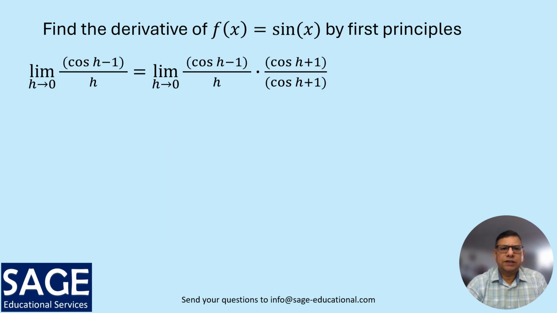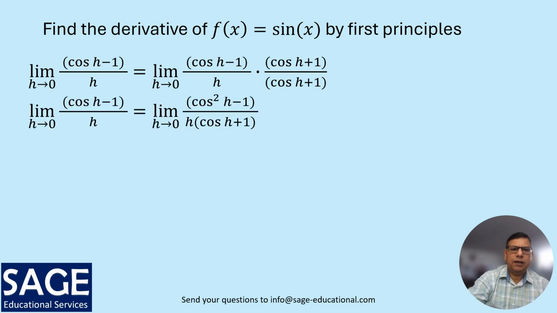So we go to the slide here, and we are trying to figure out the limit as h tends to 0 of cosine of h minus 1 over h. We can multiply and divide by cosine of h plus 1, and that will give us the limit as h tends to 0 of cosine squared of h minus 1 over h times cosine of h plus 1.